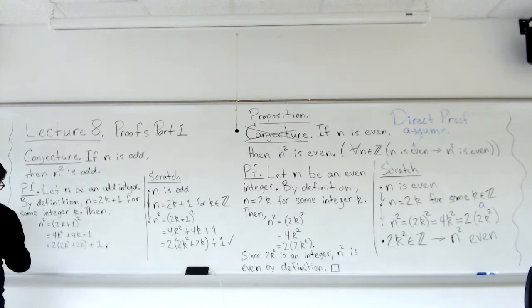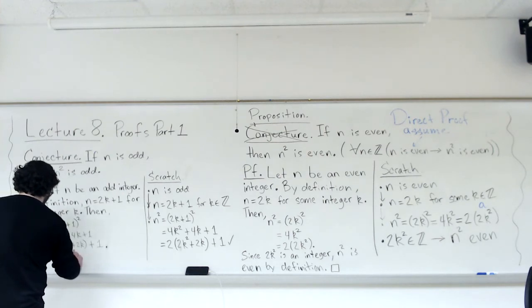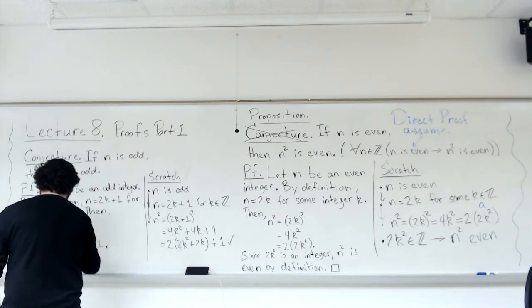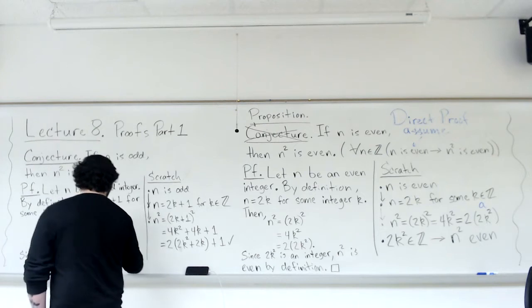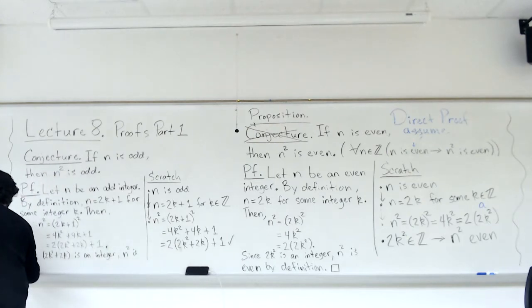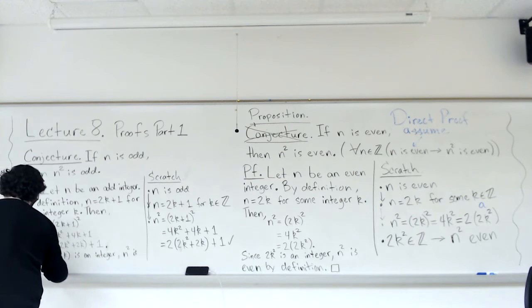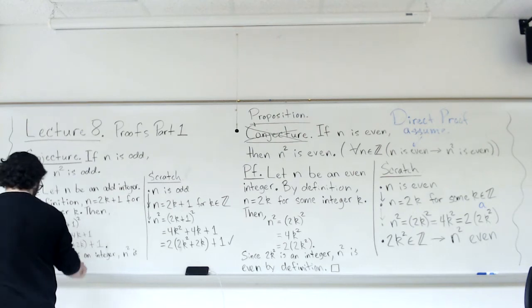So then I can say since 2k squared plus 2k is an integer, n squared is odd by definition. Period, and then QED.